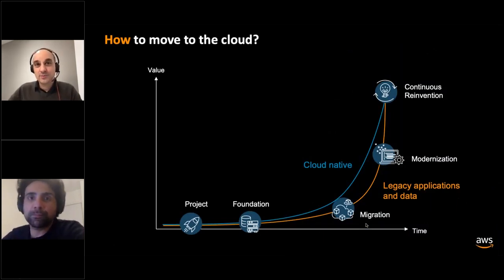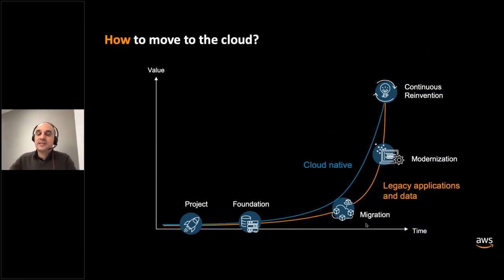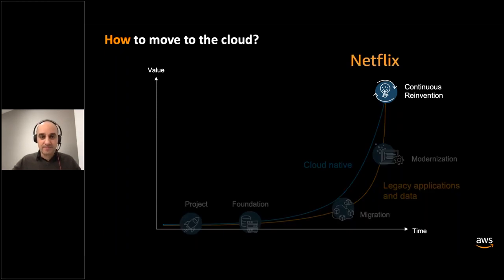So how to move to the cloud? What we have seen are different patterns in terms of this journey to the cloud. We've seen some companies going cloud native, others going into a phase of migration and then modernization. The idea is to reach a point where you can be constantly innovating and reinventing yourself within the cloud.